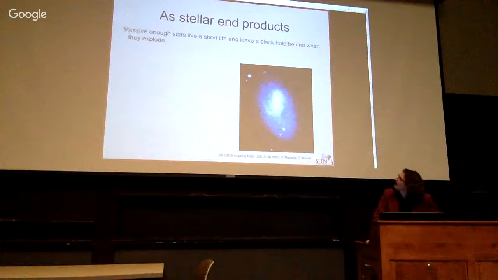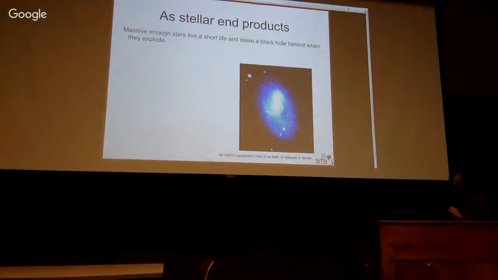Okay. All right. So now a couple of words on how a black hole can be formed before we discuss how they actually come together and merge. The black holes that you are probably familiar with are what we call stellar black holes. These are essentially remnants of stars. Stars are just like humans. They have a particular lifetime.